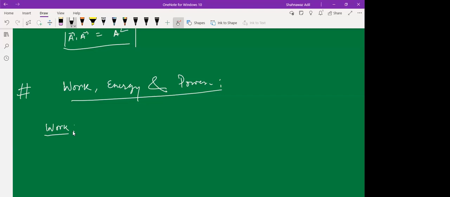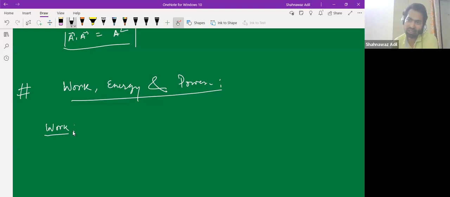So in the previous chapter we talked about the initiation, or how this force existed. Now from this chapter onwards, we will study the application of forces, what those forces actually do. So the definition of work comes from that force only.